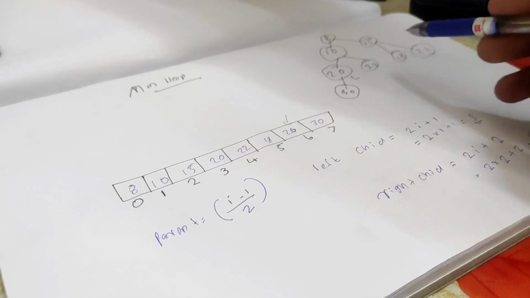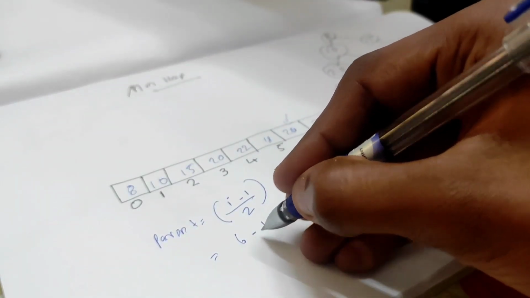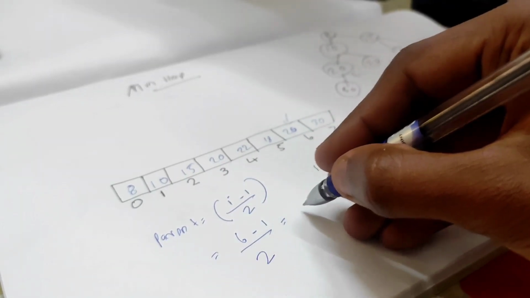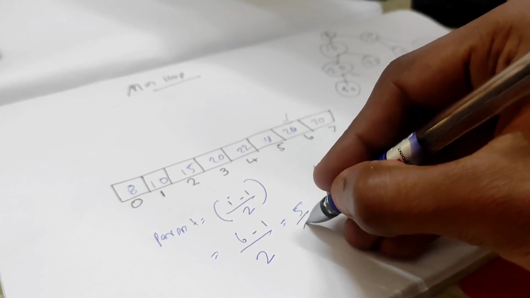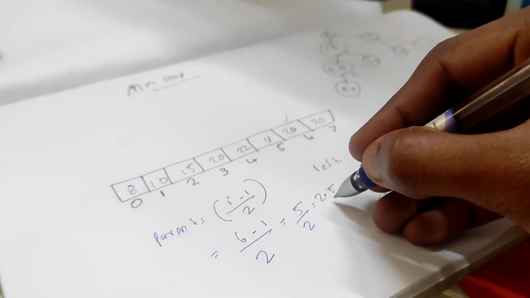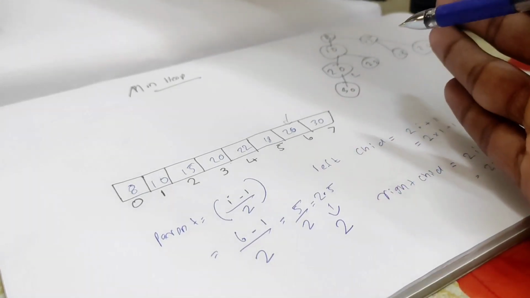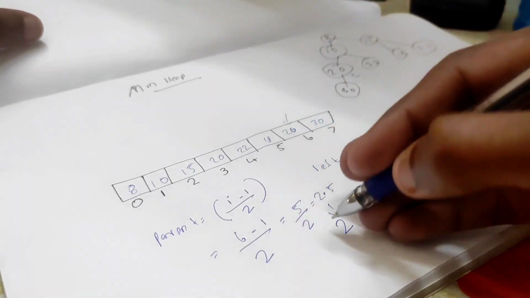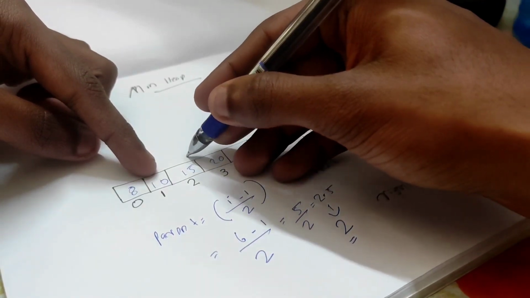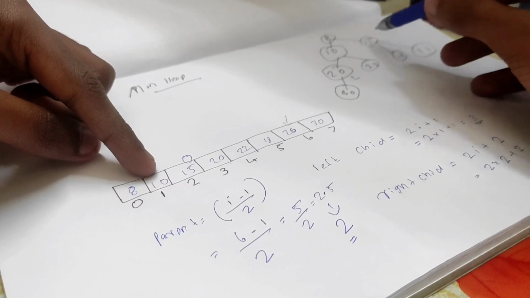The index of 26 is 6, so 6 minus 1 is 5, and 5 divided by 2 is 2.5. We should round it down, so we get 2. At index 2, we have the element 15. So the parent of the child 26 is 15.